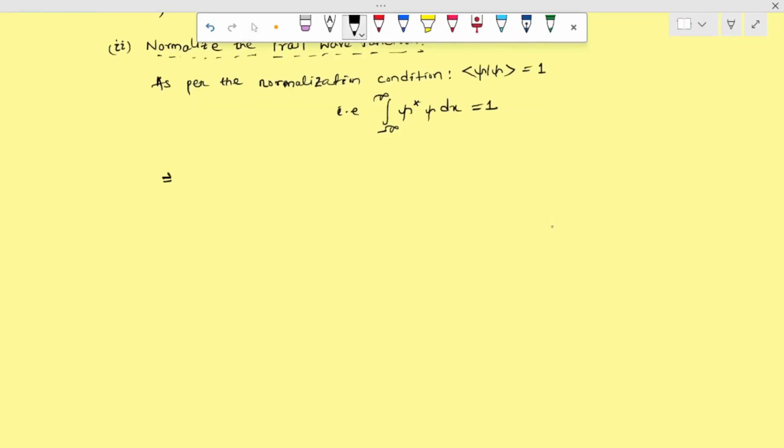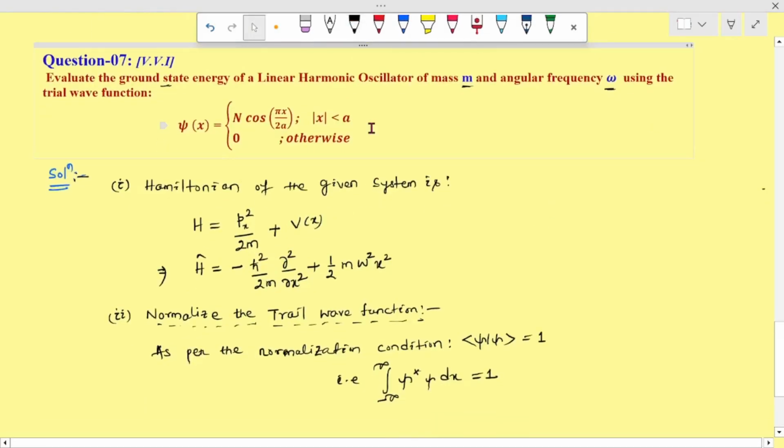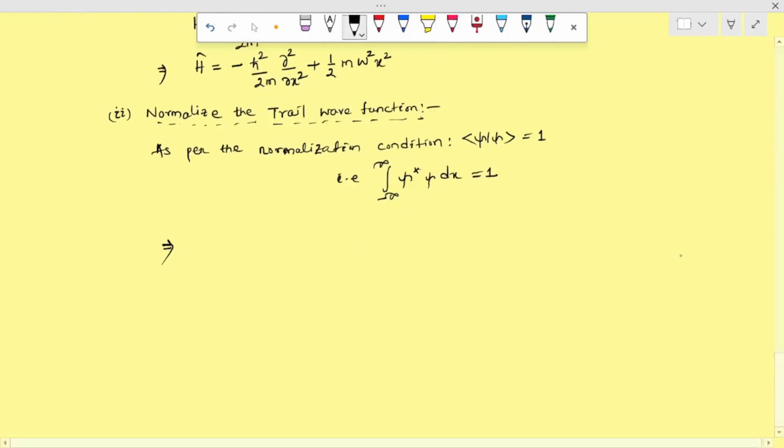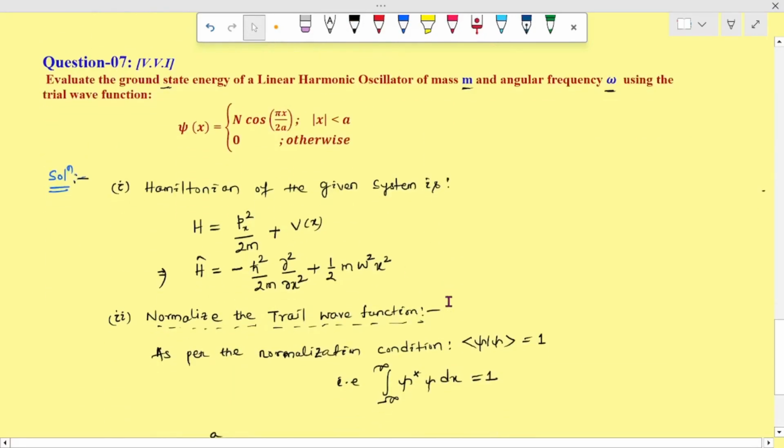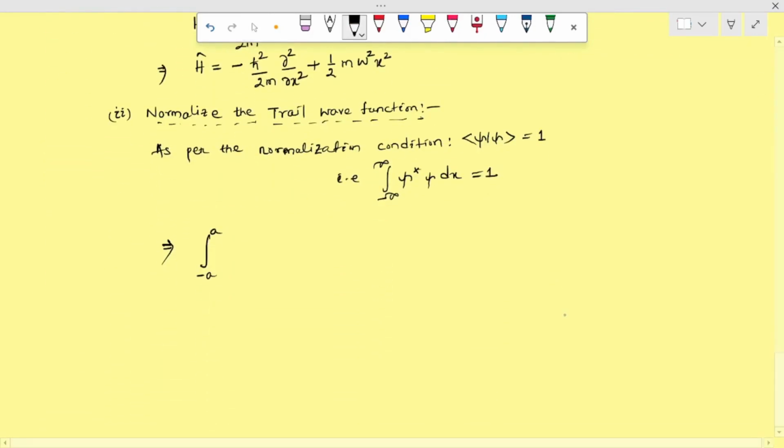That implies here we have to consider the limit, because psi exists in between minus a to a, so we have to write the integral from minus a to a of psi star. Here the psi value in between minus a to a is N cos(pi x by 2a), so psi star will be N star cos(pi x by 2a), into psi, that means N cos(pi x by 2a) dx, should be equal to 1.